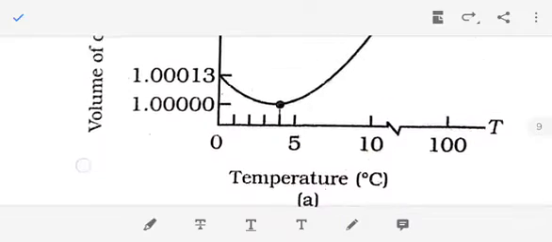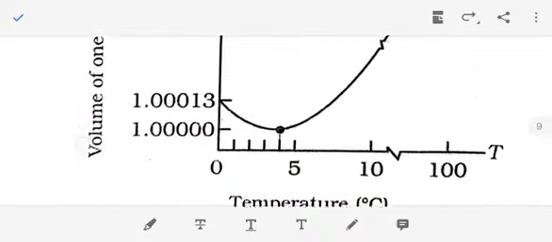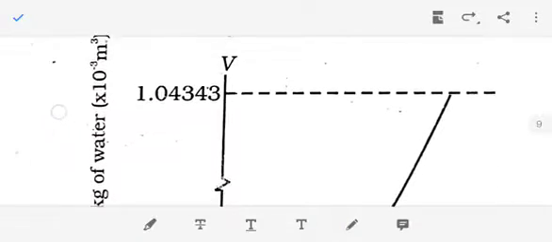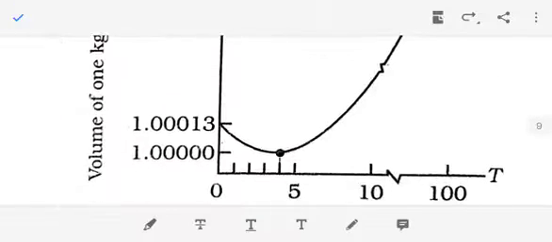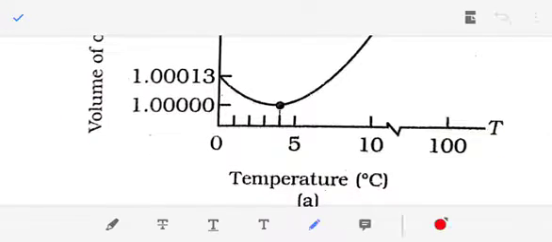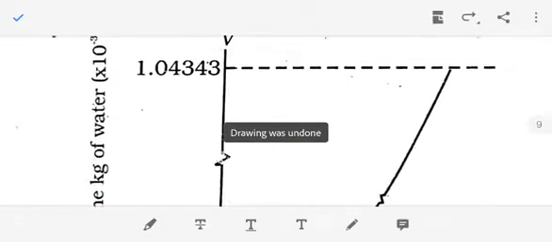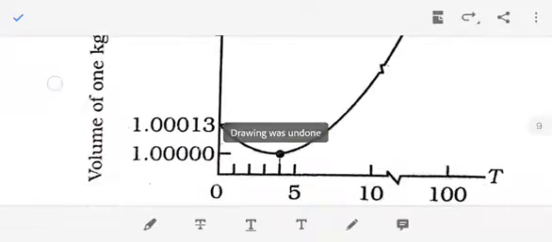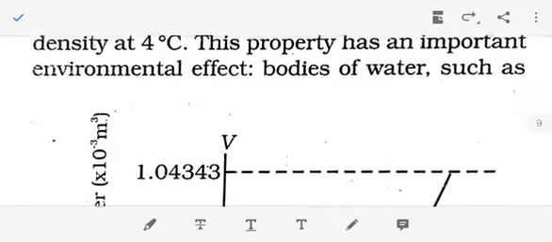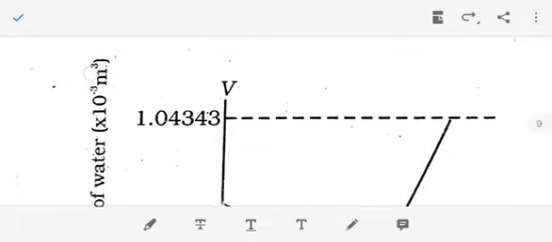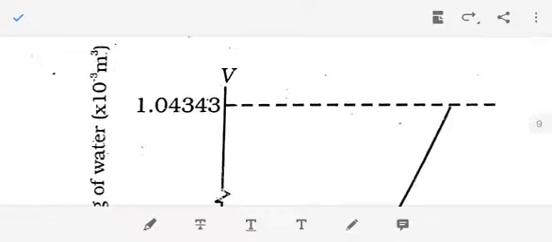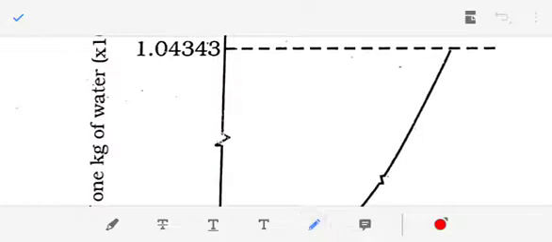Initially the water is at room temperature, and now we are decreasing its temperature. On the x-axis this is temperature, and on the y-axis this is volume of 1 kg of water. So initially it is at room temperature, and then we have started decreasing its temperature.